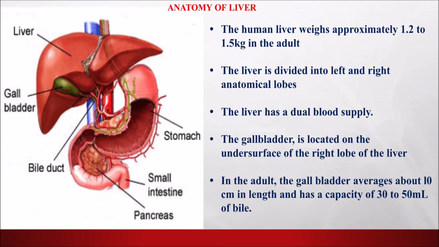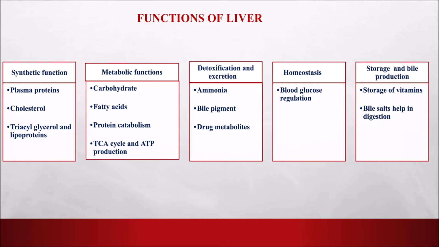Having seen the structure of the liver, now let us see what the functions of the liver are. In our body, the liver brings about 5 major functions: the synthetic function, metabolic function, excretory function, homeostasis, storage, and bile production. The synthetic functions of the liver include the synthesis of plasma proteins, the synthesis of cholesterol, and also the other lipids.